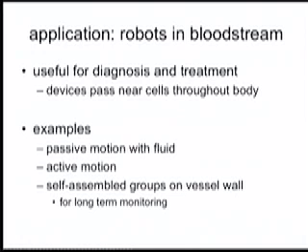That can give them a great capability of, say, looking for a small number of cancer cells that might just be starting, well before it would be noticed on any kind of much larger scale imaging or diagnosis. I'm going to be focusing, again, just as a specific example, on self-assembled groups of these devices just sitting on a vessel wall, monitoring for interesting chemical signatures or various passing devices, or perhaps just doing some kind of computation.